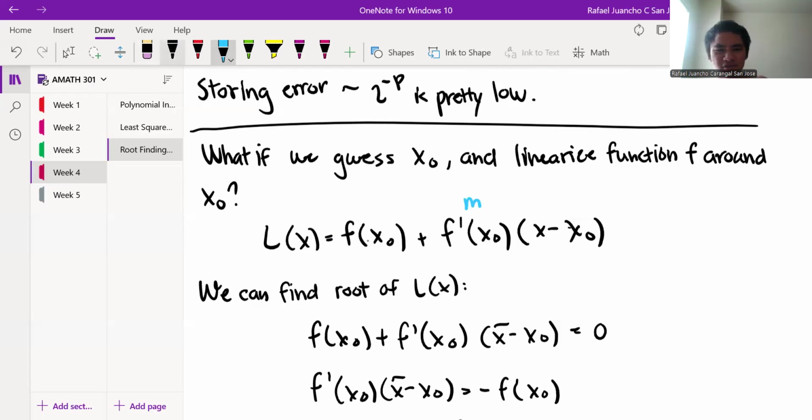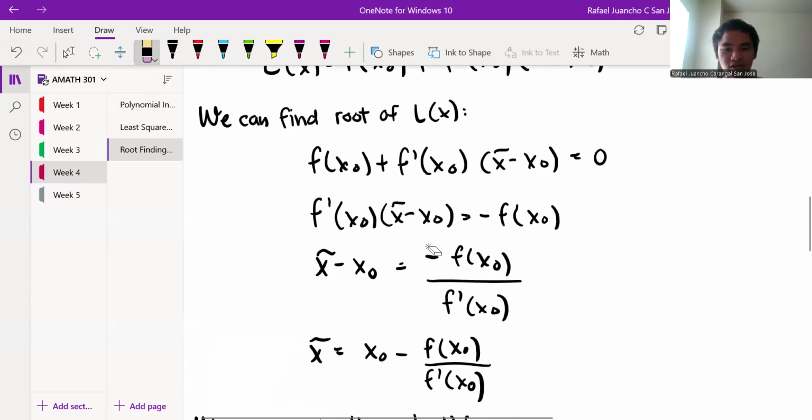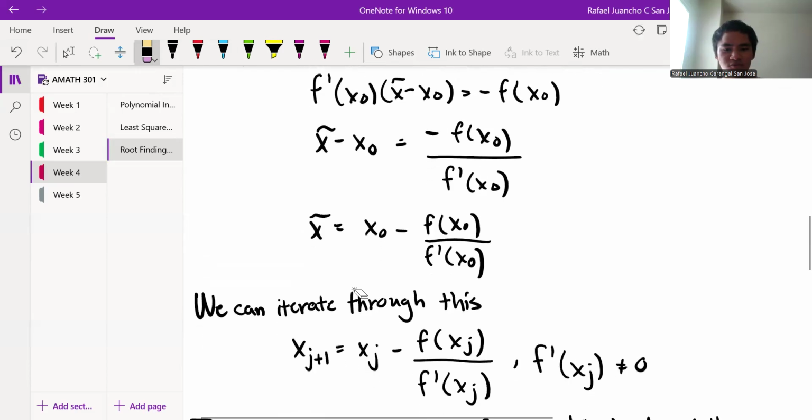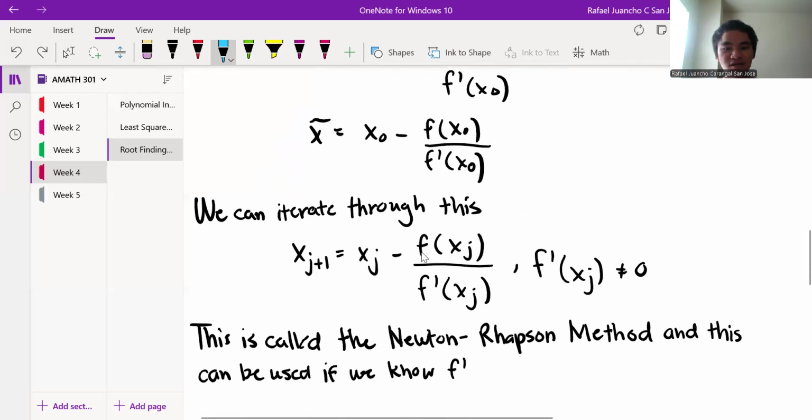This is actually in point slope form, believe it or not. And we find the root by making it equal to 0. We keep going and we see that we get this thing, right? So to get to that point, we get the initial point minus the function of that initial point divided by its derivative at that initial point.